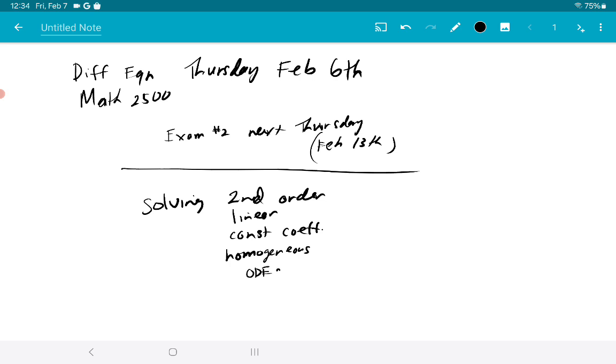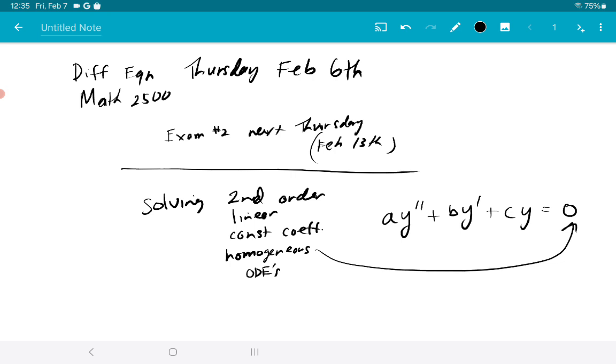So an example of that would be a constant times y double prime plus another constant times y prime plus a third constant times y equals 0. What makes it homogeneous is the fact that the right-hand side is 0.